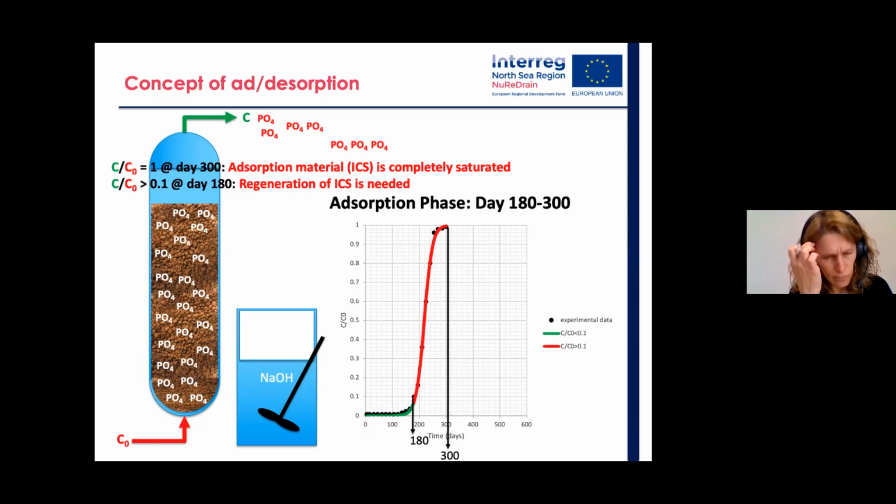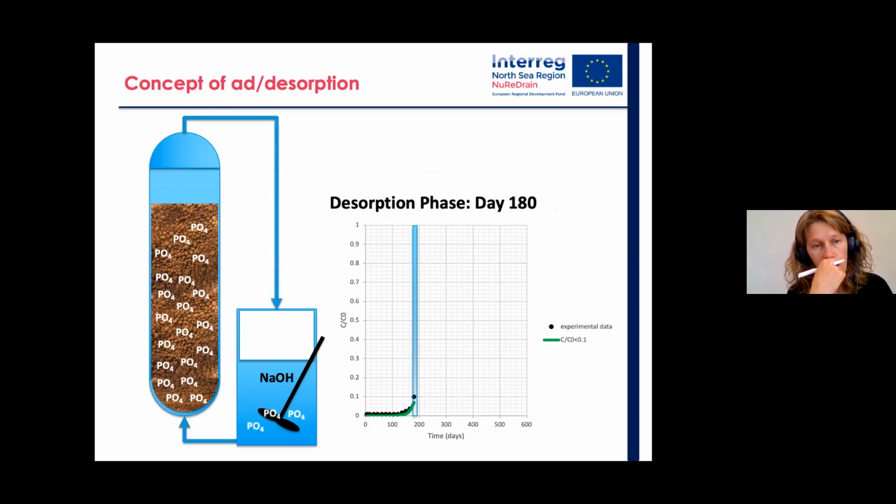Then you have still a low concentration in the filter, and you can desorb all the phosphorus from the filter. How do we do it? In the lab, we are using sodium hydroxide, and we pump it over the filter system, and you see after a while all the phosphorus, or a great part of the adsorbed phosphorus, is desorbed and ends up in the solution.